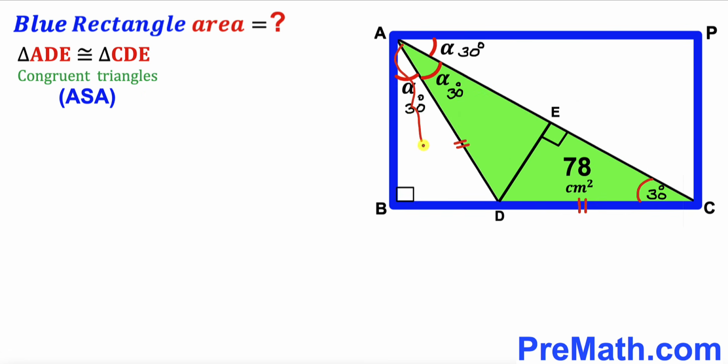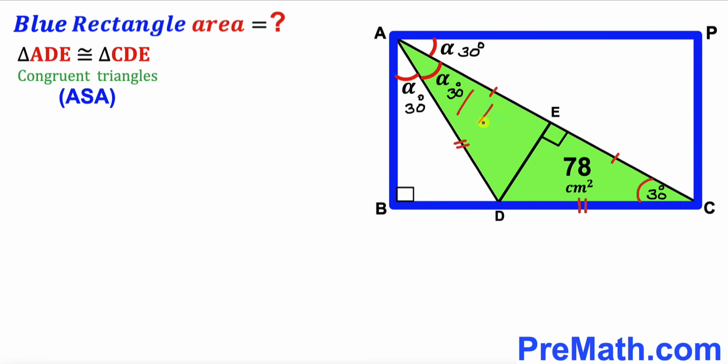Since these two side lengths are congruent, and this is our common side. Since these two triangles are congruent, therefore this segment AE length has got to be equal to CE length.